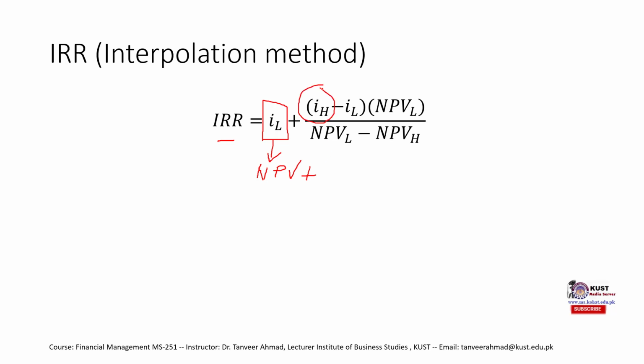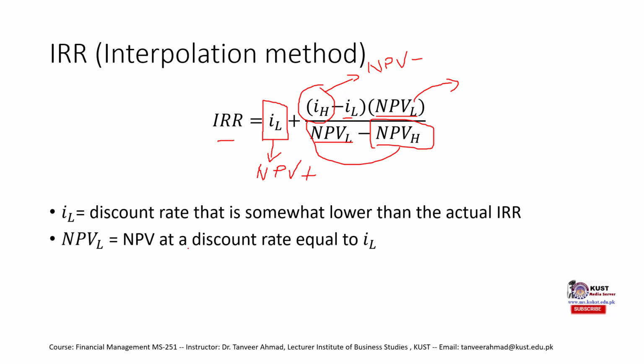IH is the discount rate at which NPV was negative, minus again IL, NPVL. So this is the NPV at the discount rate of IL, and this is the NPV at the discount rate of IH. So this had already been discussed.